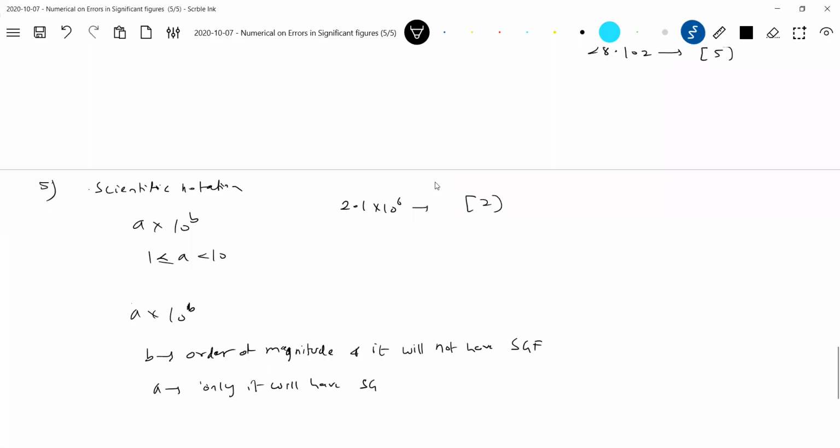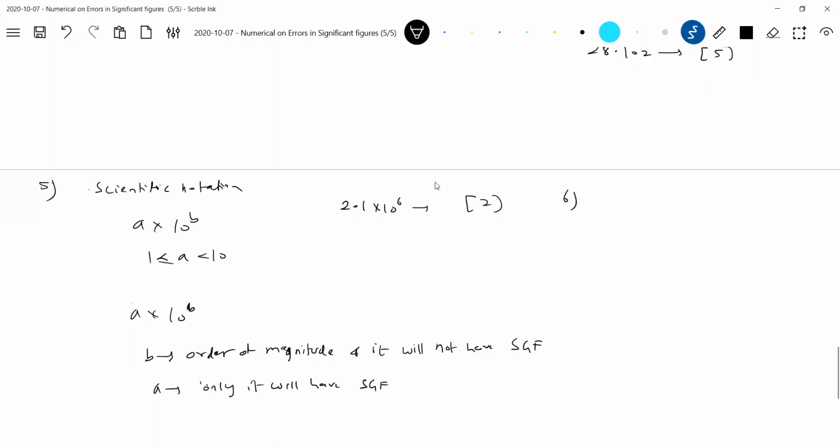So 2.1 is what I'm expressing. Clear? So this is a way of expressing in scientific notation. Bigger numbers you should express here.